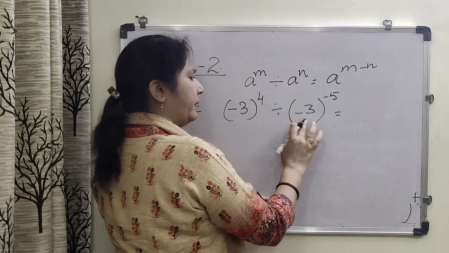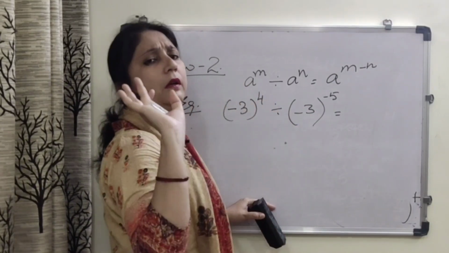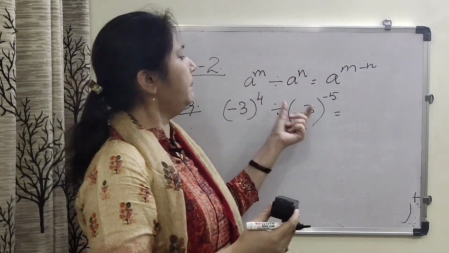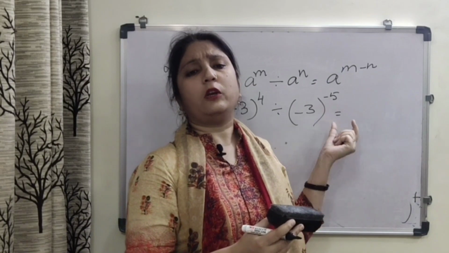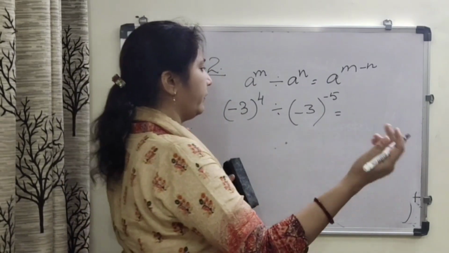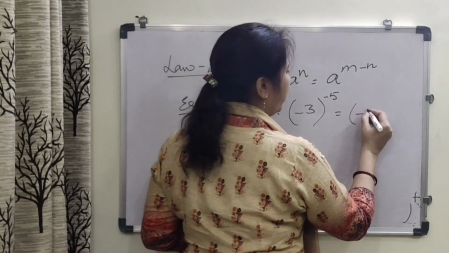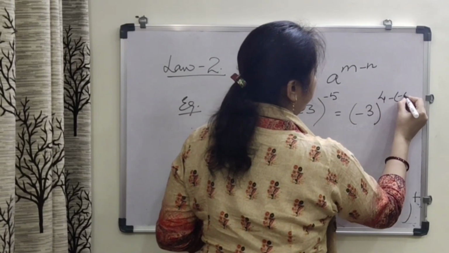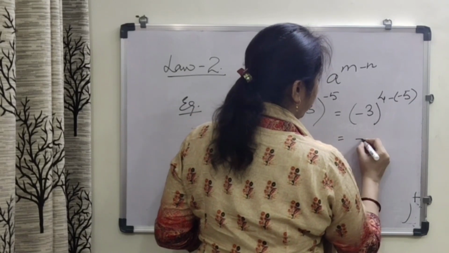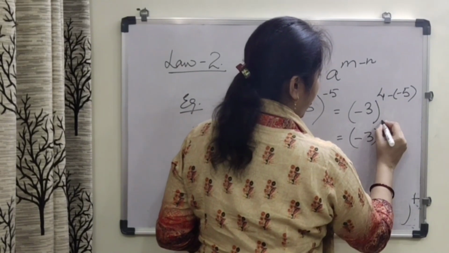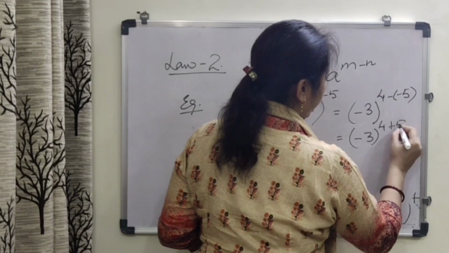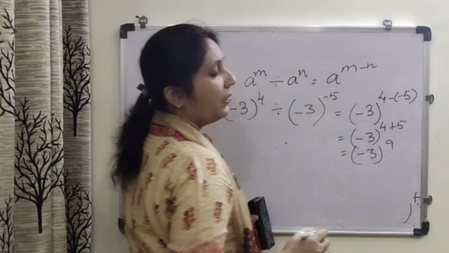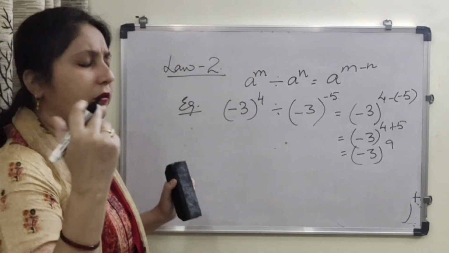Just take care of two things: bases should be the same and the sign of division is there. Then our task is only to subtract the exponents. 4 minus minus 5. So the answer would be minus 3 to the power 4 plus 5, that is minus 3 to the power 9. Likewise, we can have it for rational numbers.